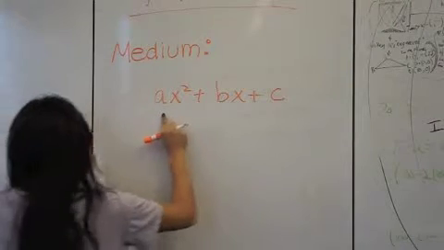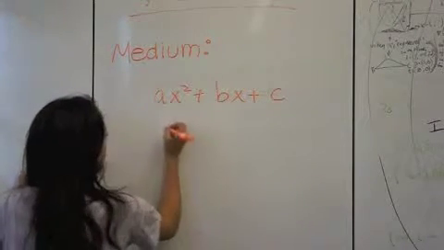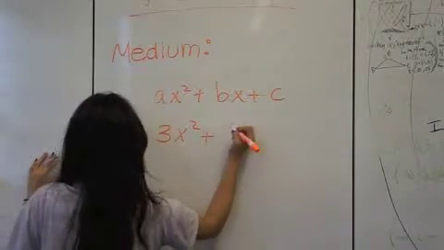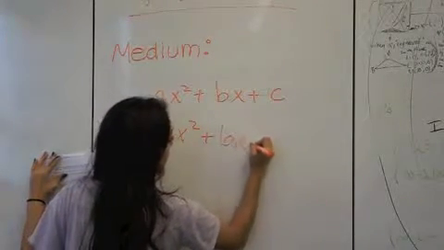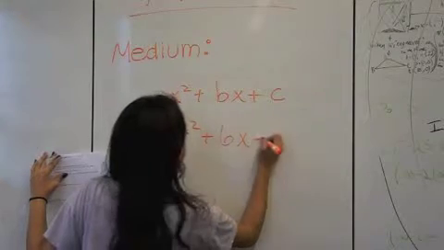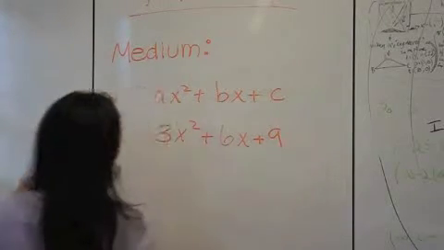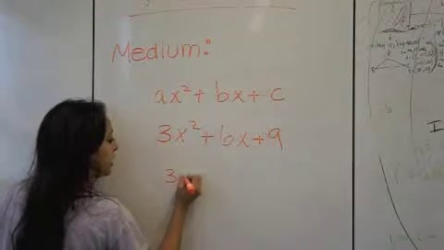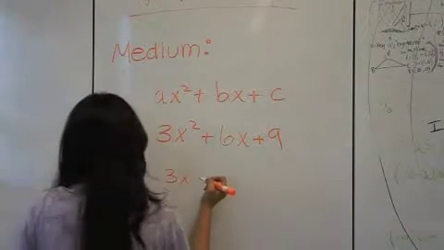So a this time would equal 3, for example, plus this 6x plus 9. So this time you would have to put in 3x into one of the parentheses.